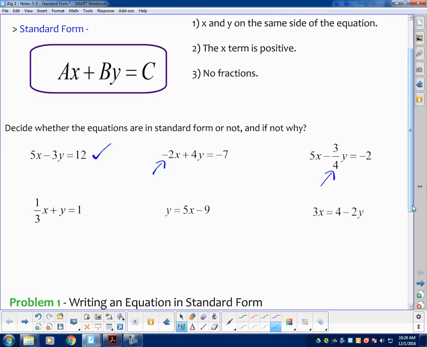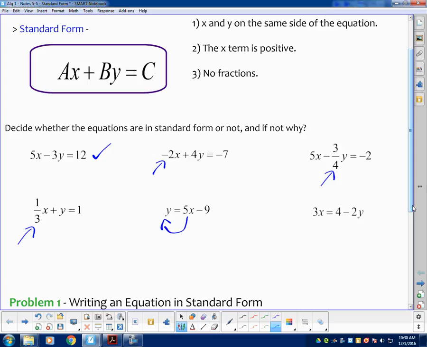All right. Next row, we have 1/3 x plus y equals 1. You could probably see that because we have that fraction of 1/3 here, it is not in standard form. The next one on there, it says y equals 5x minus 9. That one breaks down at rule number 1. We do not have x and y on the same side of the equation. We can move it over.